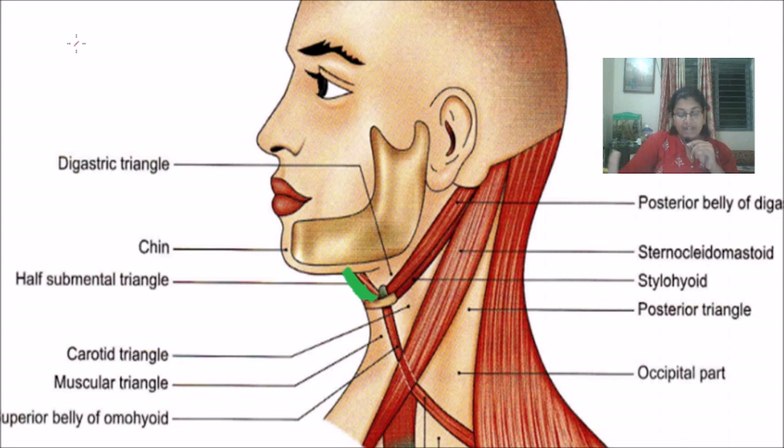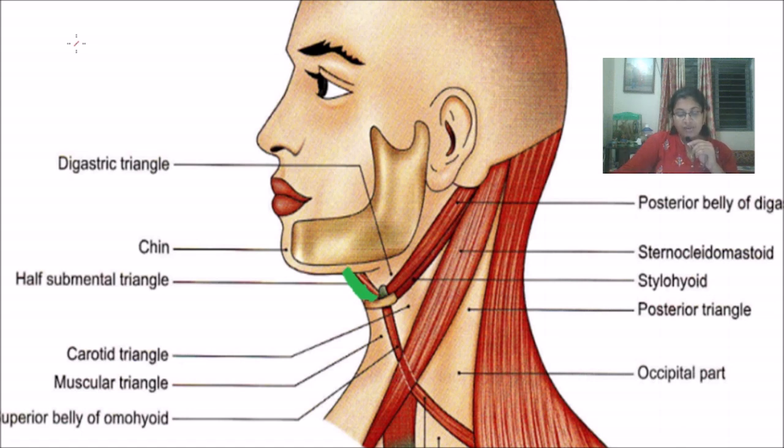The superficial part just below the chin area, the lower lip, that too the central part of the lower lip, the adjoining gum area, and the anterior part of the floor of the mouth and the tip of the tongue.